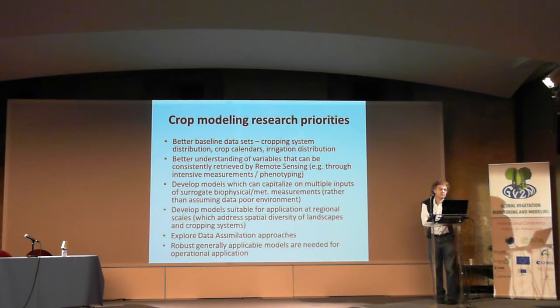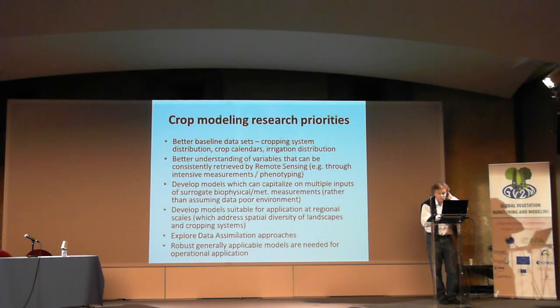In terms of research priorities as we see them, obviously we need better baseline data sets: cropping systems distribution, crop calendars, irrigation distribution, all of that. These are the baseline data sets which we're going to be using for more global scale implementation. We need a better understanding of the variables that can be consistently retrieved by remote sensing, through intensive measurements and phenotyping. That's something that I think is really taking off here.